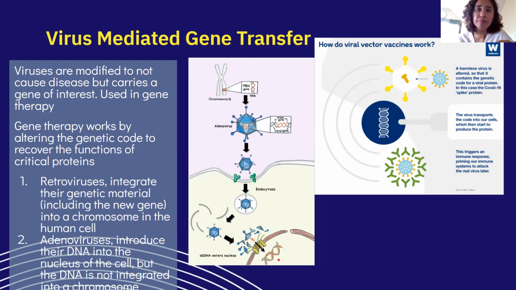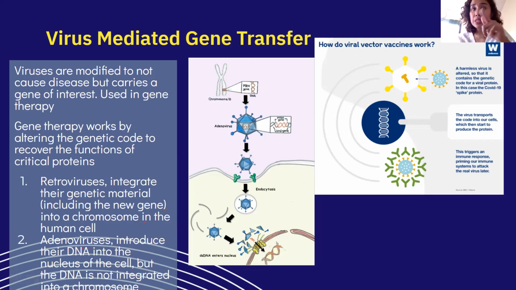And it will inject its genetic material inside the nucleus. Yan. So, dito sa AstraZeneca, Janssen, adenoviruses rin ang ginamit. So, ang adenoviruses, guys, siguro kaya ginamit yung adenovirus because it introduced the DNA into the nucleus of the cell, but does not integrate it into the chromosome.